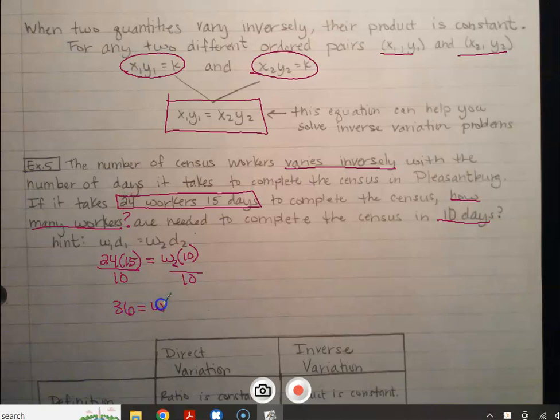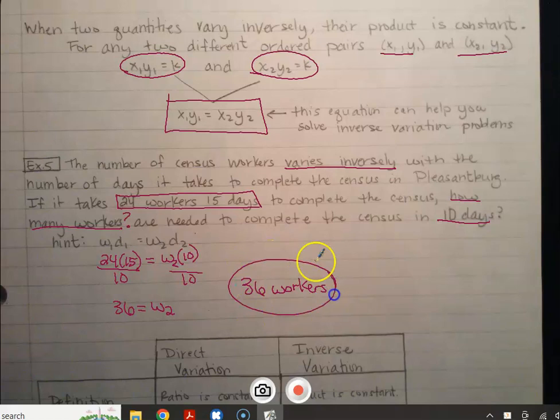So 36 equals W2. Or we would say 36 workers in 10 days is what we need. Awesome. So just using those formulas to plug in and help us solve them. But knowing the formula for inverse variation and direct variation is going to be very, very helpful.